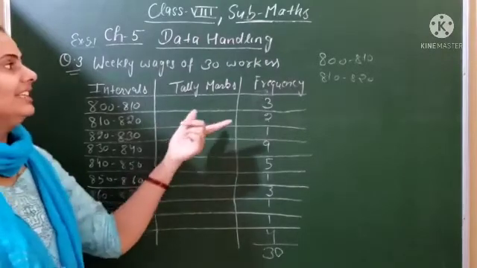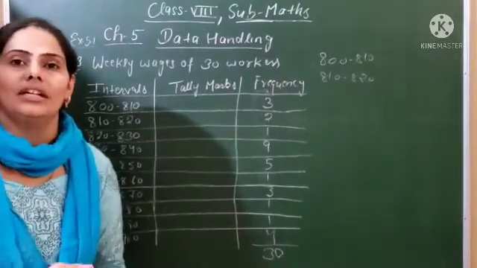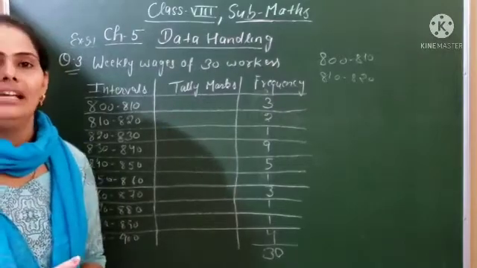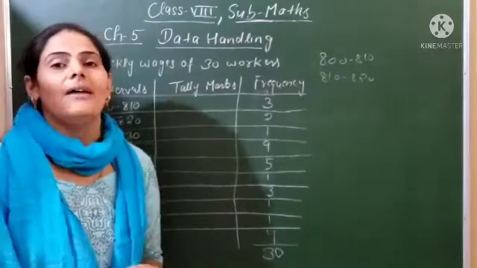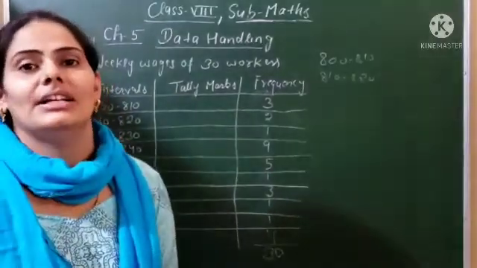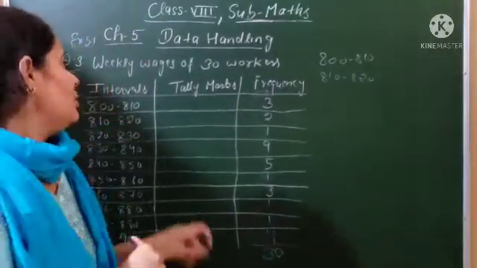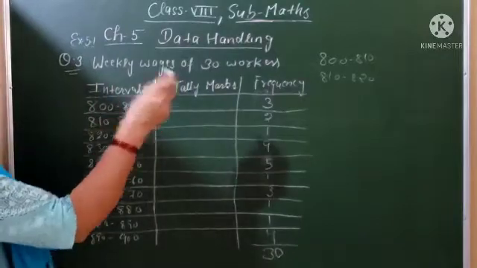In the frequency distribution table, as I have already told you, first you write the intervals, after that the tally marks, after that the frequency. The intervals are already given in the question.